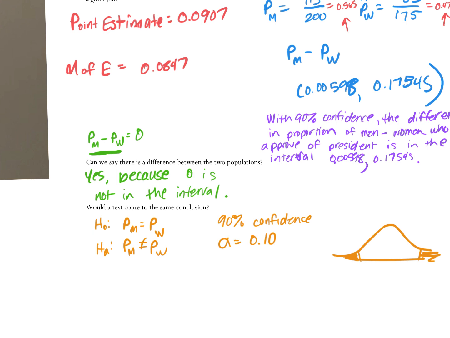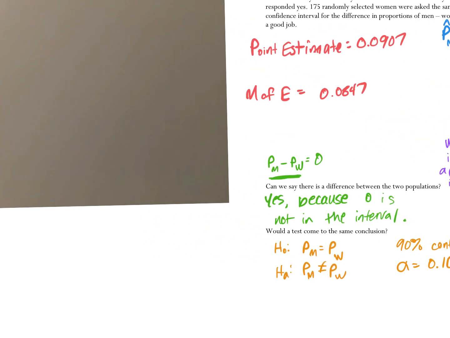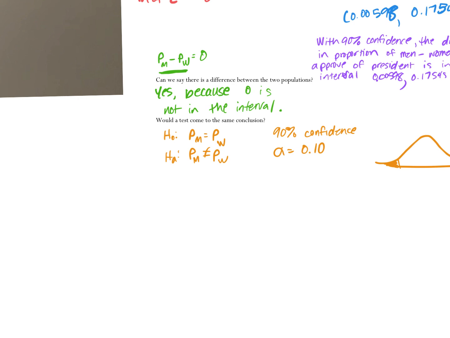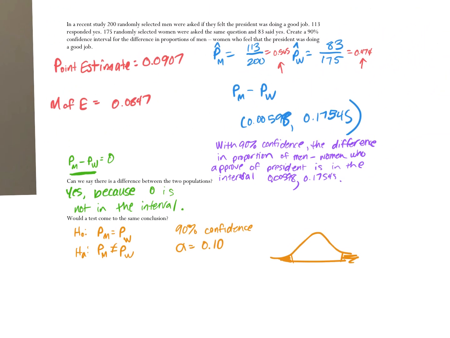Let's use just the p-value method to do this. If you put these into the 2 prop z test on the calculator, what is your p-value? 0.079, which is less than 0.10.